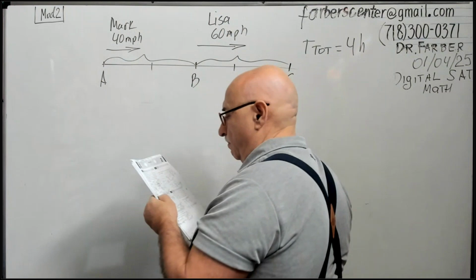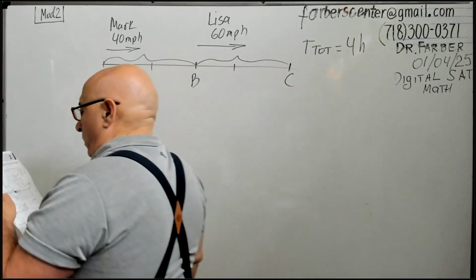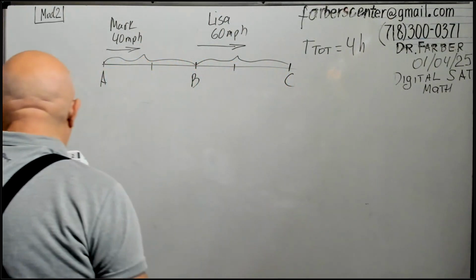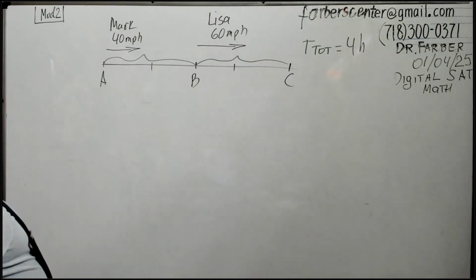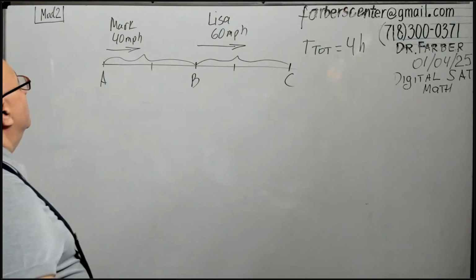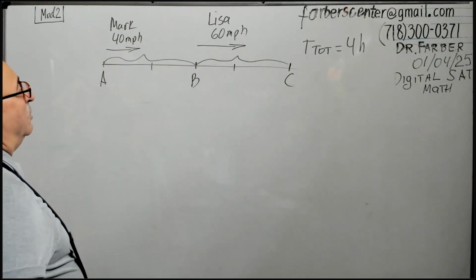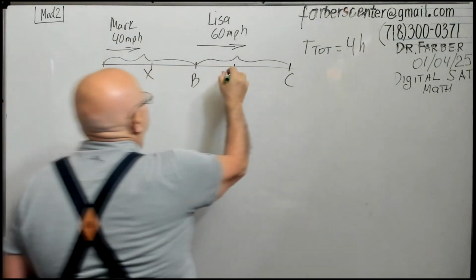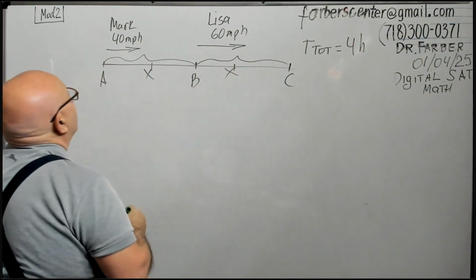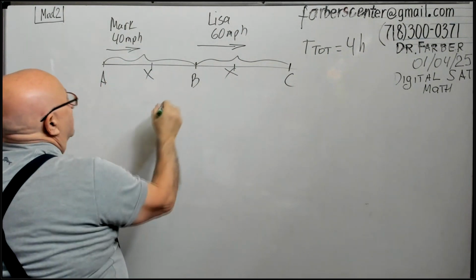Okay. And how many hours did Lisa drive? You can easily write this equation. You don't have this distance. Let's say this is x. And time for Mark is x over 40.